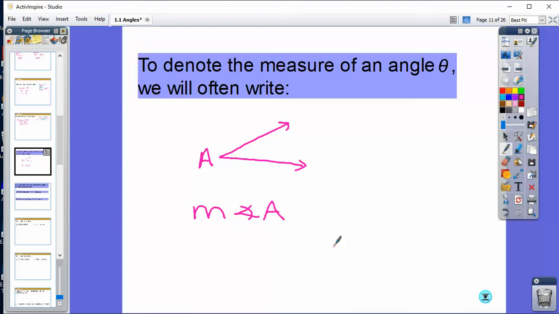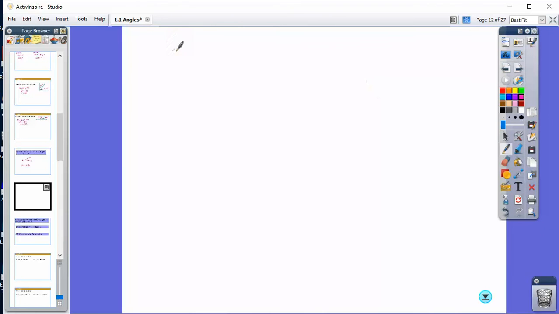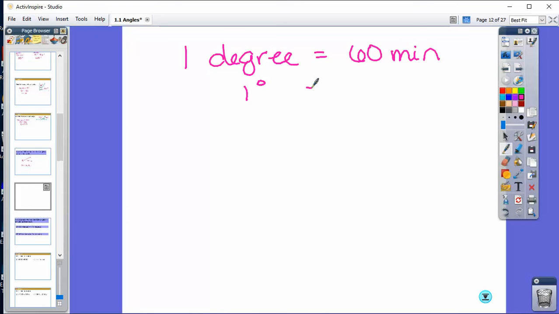In that, when I am talking about 1 degree, it's just like in time. 1 hour is 60 minutes, so 1 degree is 60 minutes. The notation, a degree symbol, we know what that looks like. A minute symbol is 1 tick mark.